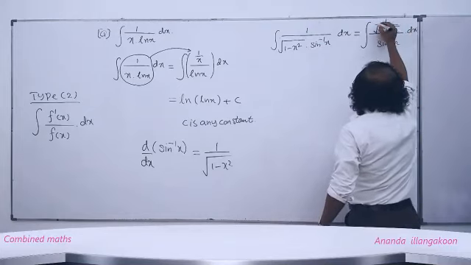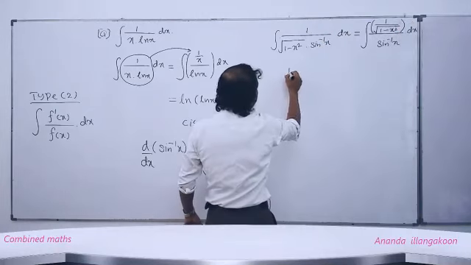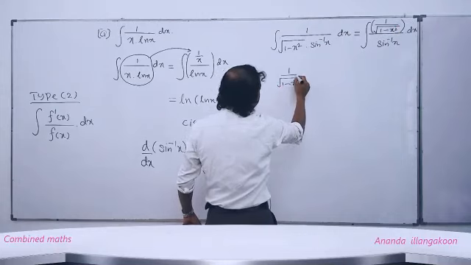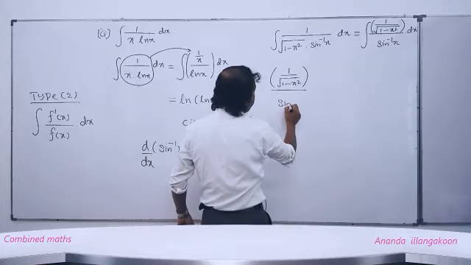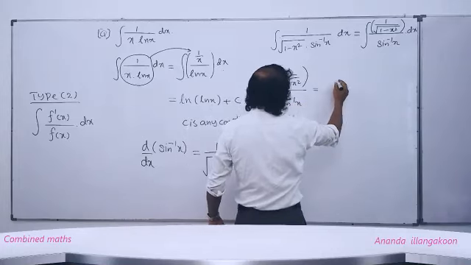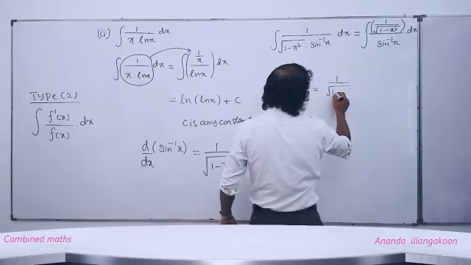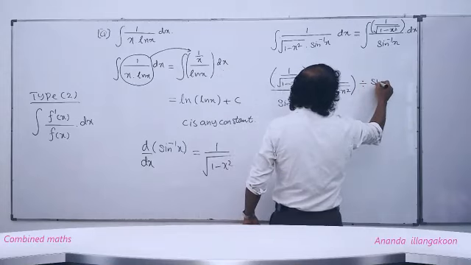The reason is, people, when you write like this, it is really here. Look at this. Divided by this, no? This one you can write as this divided by this, no? 1 upon square root of 1 minus x squared divided by sine inverse x.